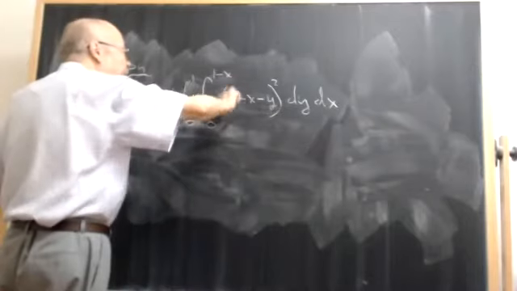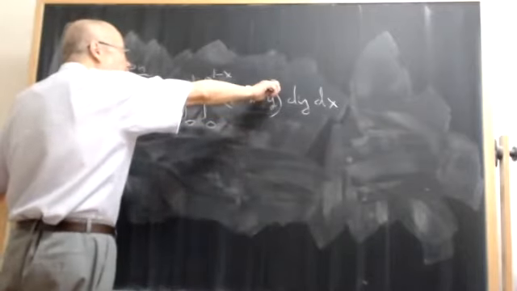So by inspection, what do you get? Negative bracket 1 minus x minus y to the power of 3 over 3. The thing when you integrate has to be raised to the power 3. And you also have to have the negative in front because of the negative y.